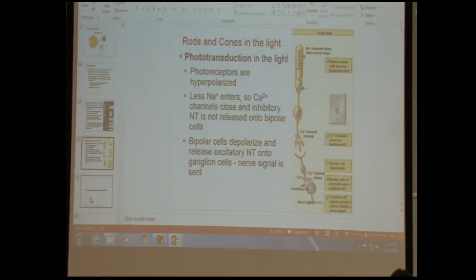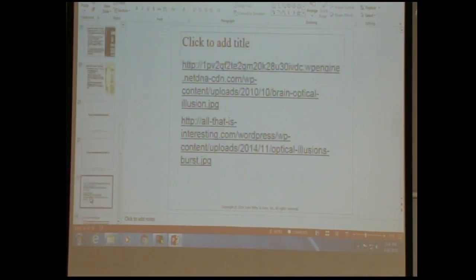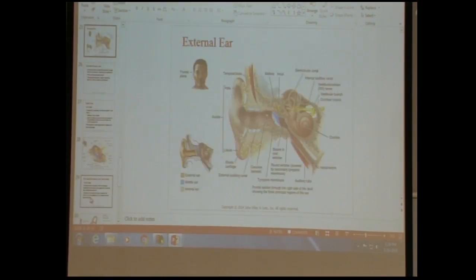You're right. So H, explain the path sound waves take to get to the cochlea. So, here's your ear. It goes through the auditory canal to the tympanic membrane, which is the eardrum.